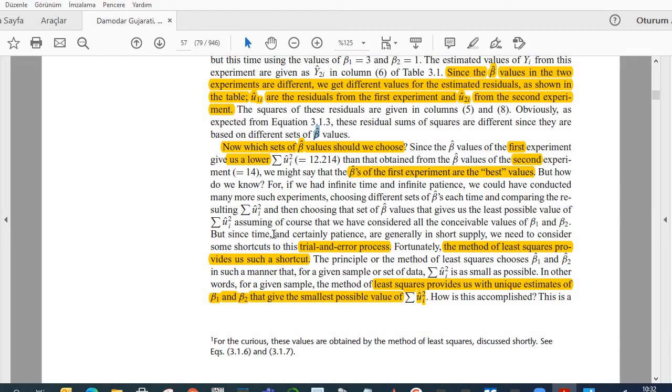But since time and certainly patience are generally in short supply, we need to consider some shortcuts to the trial and error process.